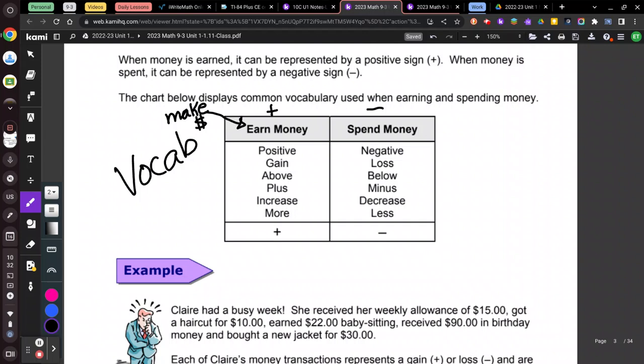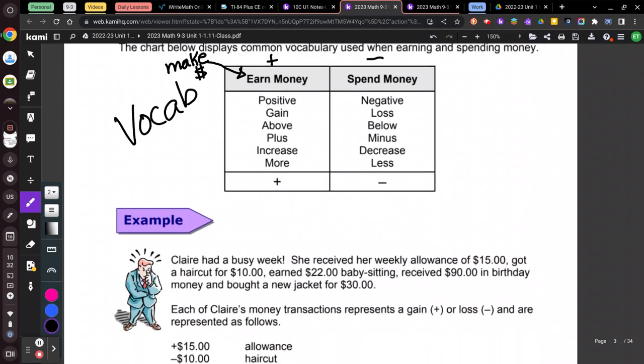So the minute I work at my job today, I'm making money into my bank account. If you go mow a lawn, you are making money. Every time you babysit, you're making money. All right, spent money, you're also going to see it as all these words: a loss, below, minus, decrease, less.